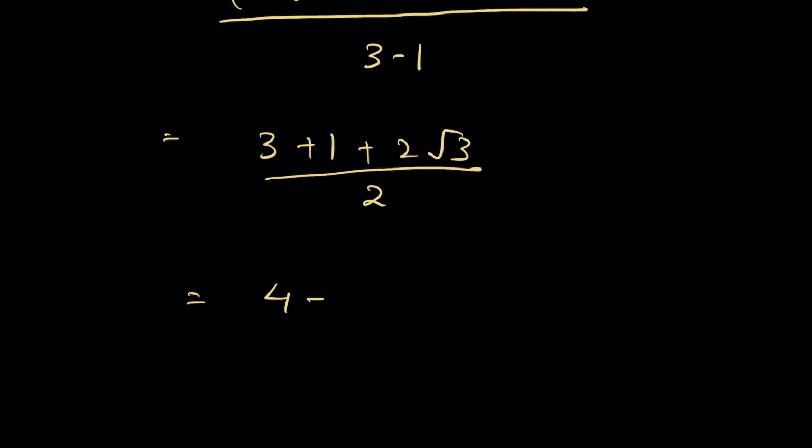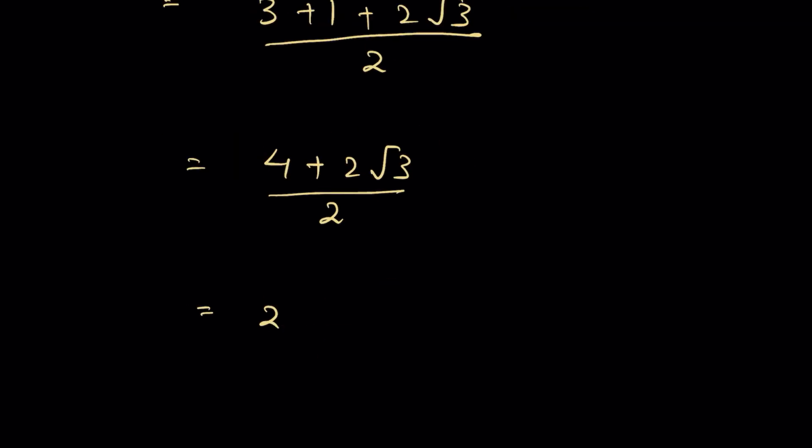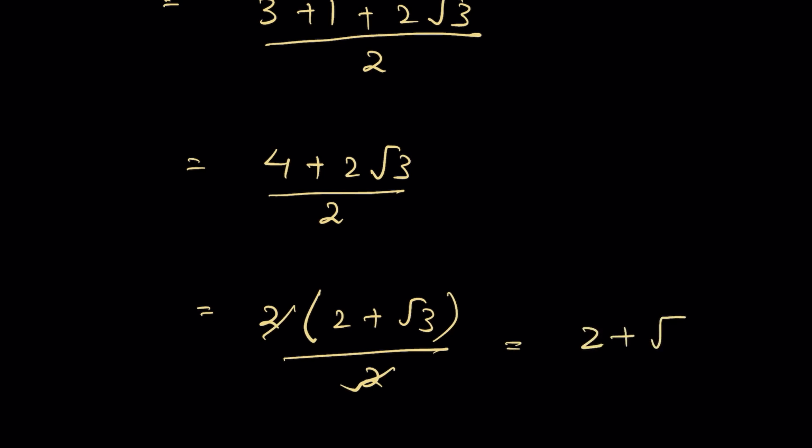So (4 + 2√3) / 2. Take 2 common, so (2 + √3) upon 1, and 2 and 2 get cancelled. So the answer is 2 + √3.